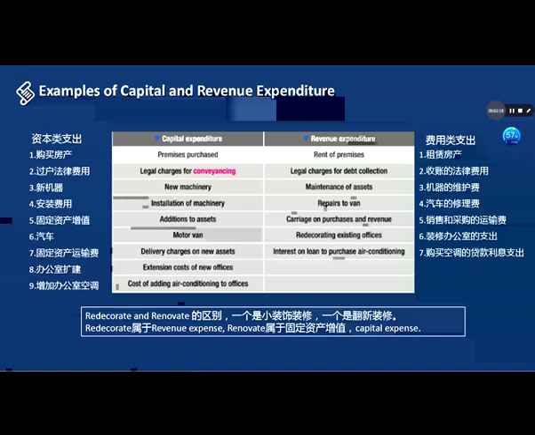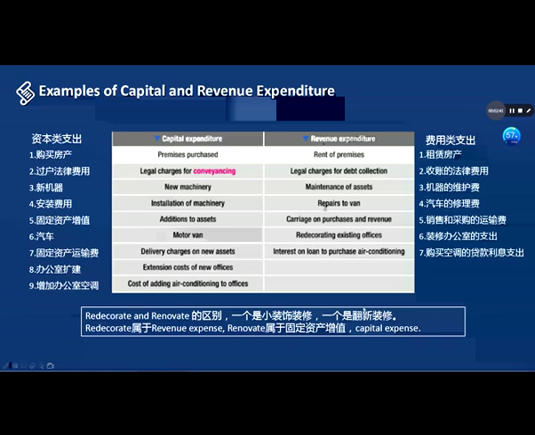So it adds value to the non-current asset. So renovate is recognized as capital expenditure, but redecorate as a revenue expenditure. So those are different things. Although they both make the profit look better, they're different, right? So we need to pay attention to these two words to know the differences between them.